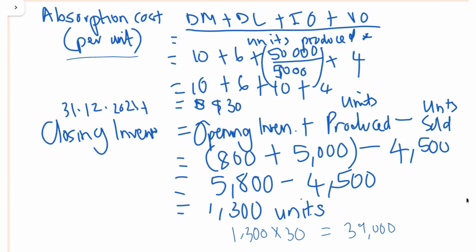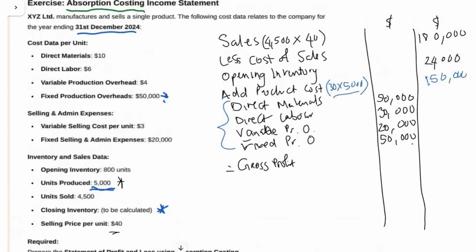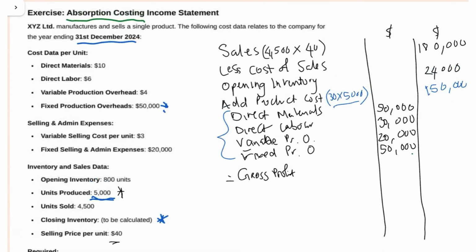So that's the value of our closing inventory. So it's really important to start off by calculating your absorption cost, because we will need it to calculate our other items. So our closing inventory here, I'm supposed to add less closing inventory.